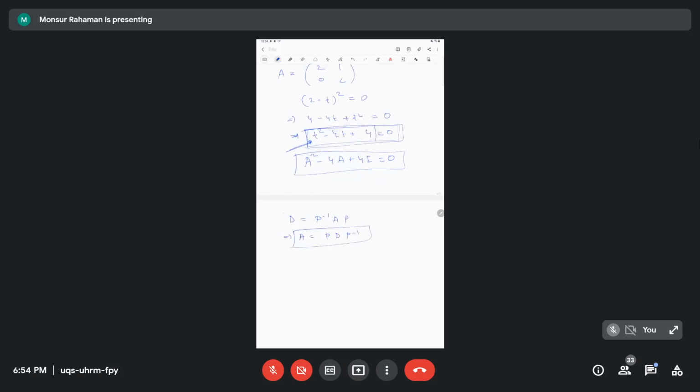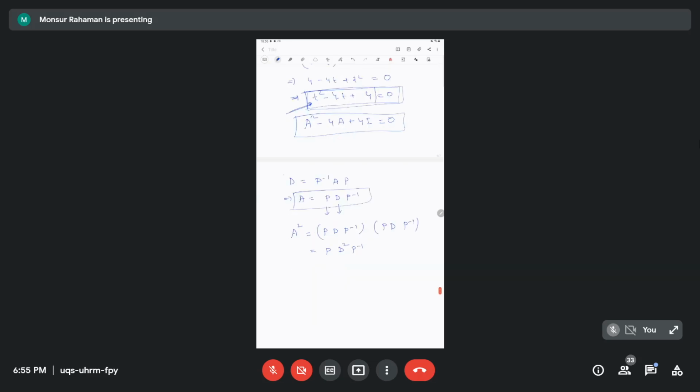So you know all the values: p's column vectors are the eigenvectors, and d's diagonal elements are the eigenvalues. If I ask what the eigenvalues or eigenvectors of a square are, a square means p d p inverse p d p inverse, so this is p d square p inverse.